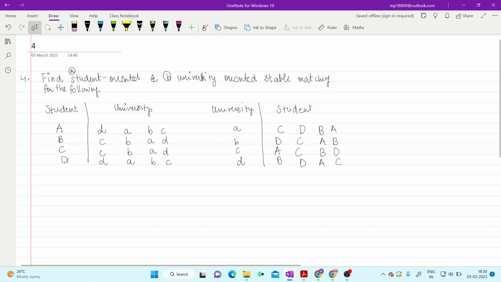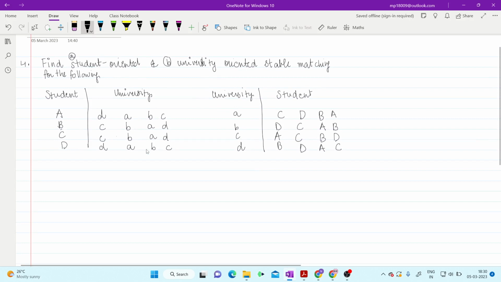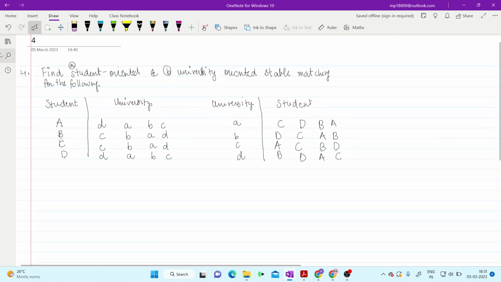In this example, B and C have the same preference list, but we will be able to construct a stable matching.